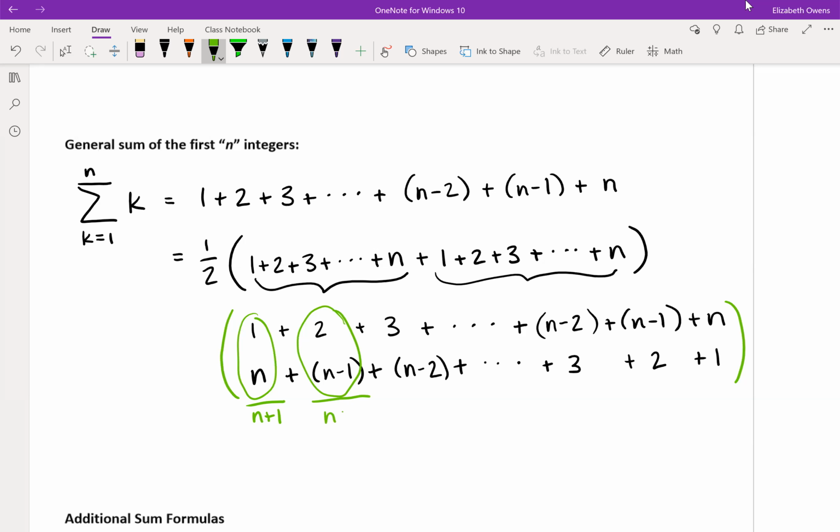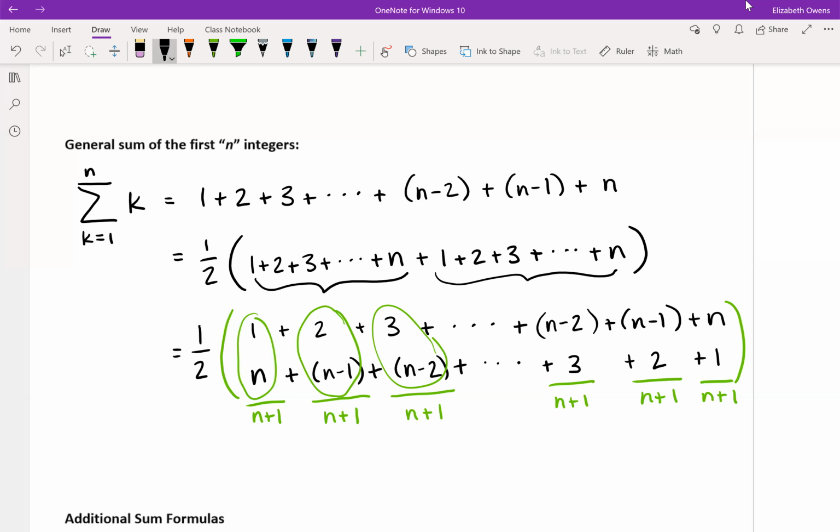That would also give you n plus 1. And same thing here. n minus 2 plus 3 adds up to n plus 1. And then the same exact thing happens down here. You get n plus 1, n plus 1, and n plus 1 for all of those pairings of numbers.